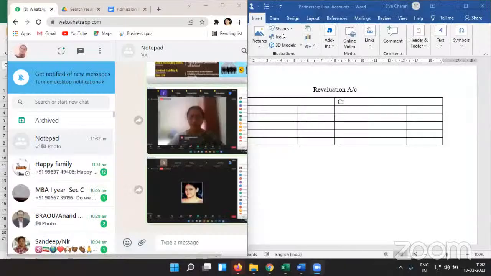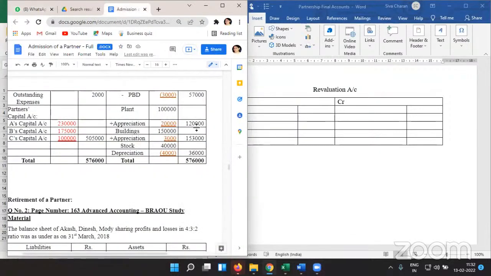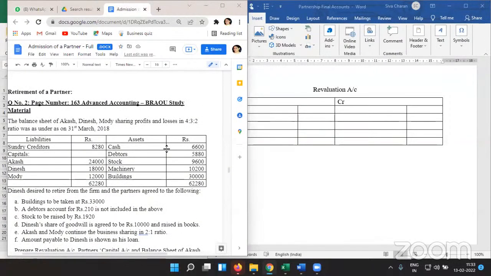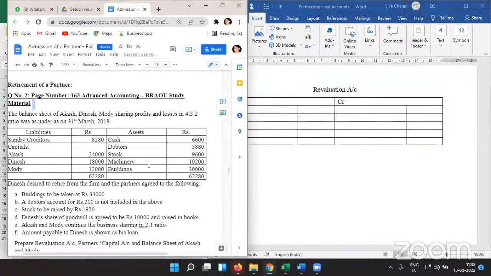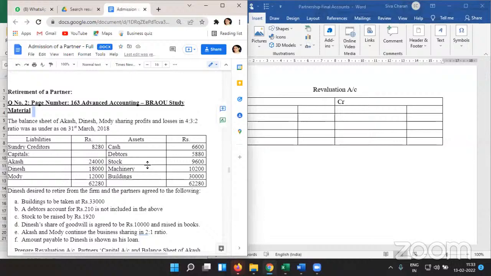Today we are going to discuss admission of a partner. This is the question from your textbook, page 163, Advanced Accounting textbook of BRAO study material.